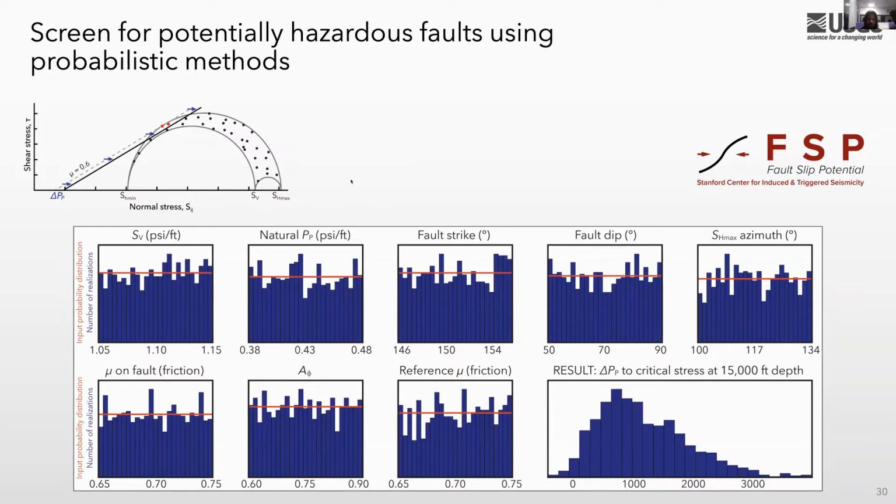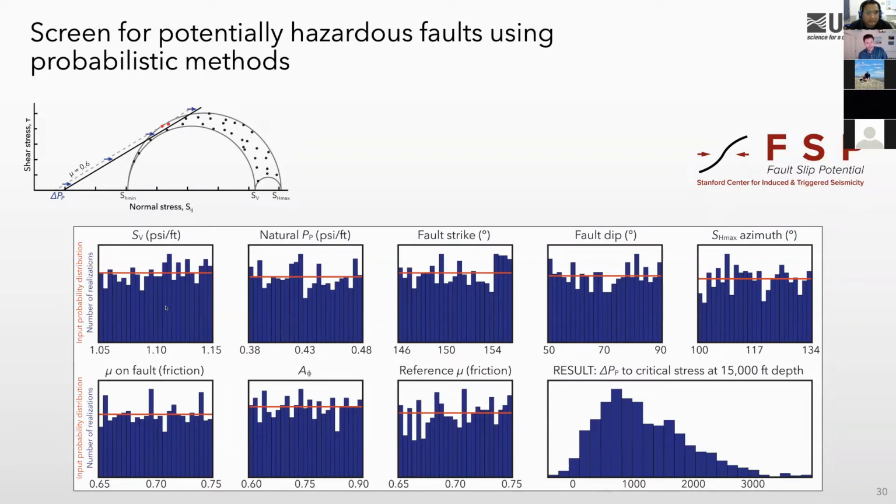Okay, well then I'll move past the next slides fairly quickly and just point out that there are ways that we can account for these uncertainties. There's a freeware program available from the Stanford Center for Induced and Triggered Seismicity. Ankush Singh, whom we were talking about earlier, was in charge of this program for a while.